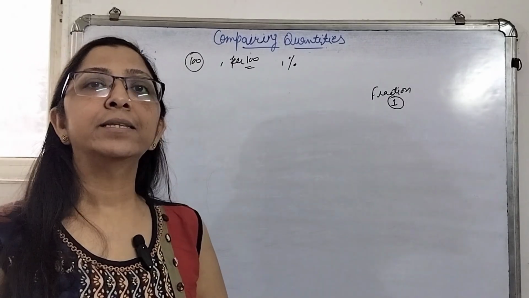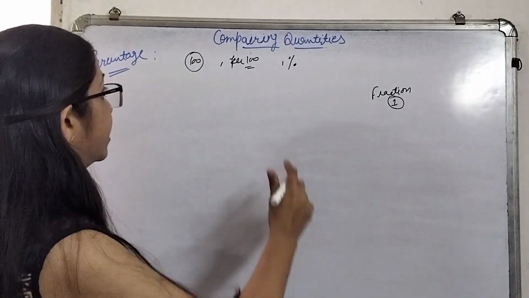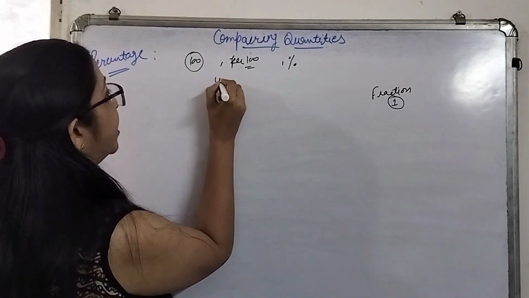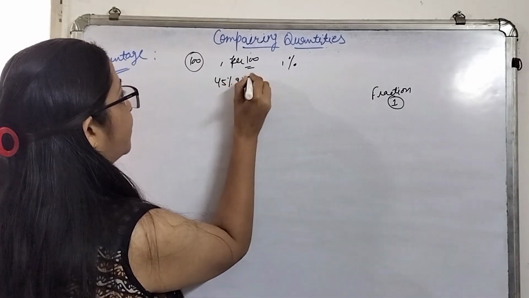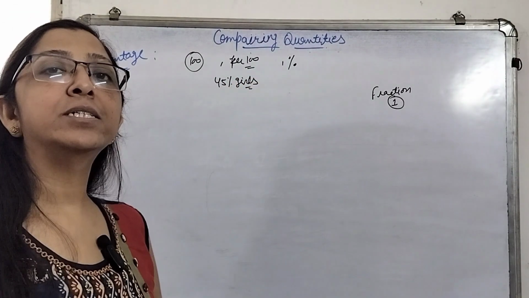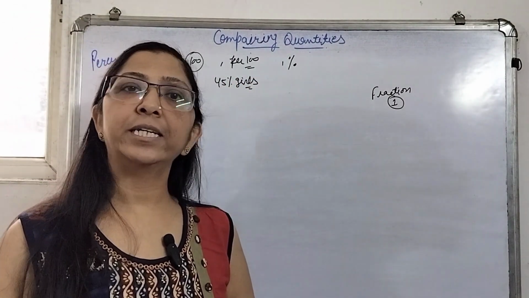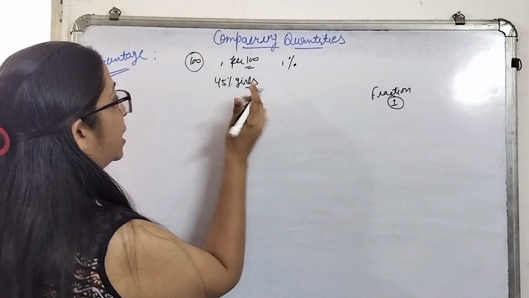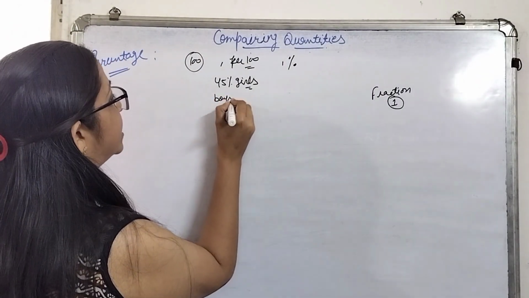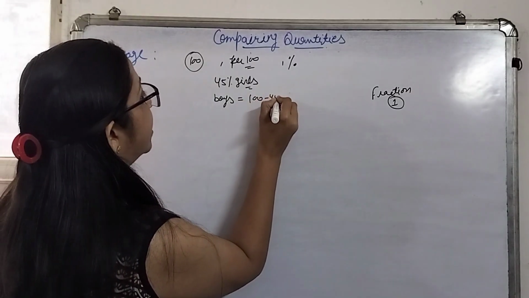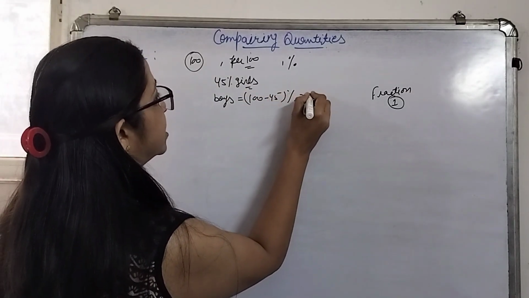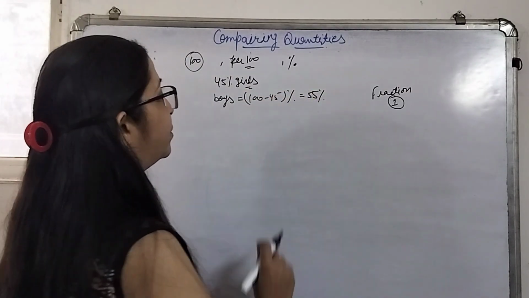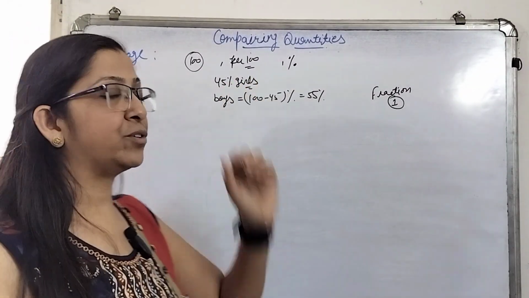100 is the base. That simply means if I am saying that in a class 45% are girls, we know that in a class either boys or girls will be there. So if 45% are girls, automatically we can say boys will be 100 minus 45%, that is 55% of the total strength of the class.